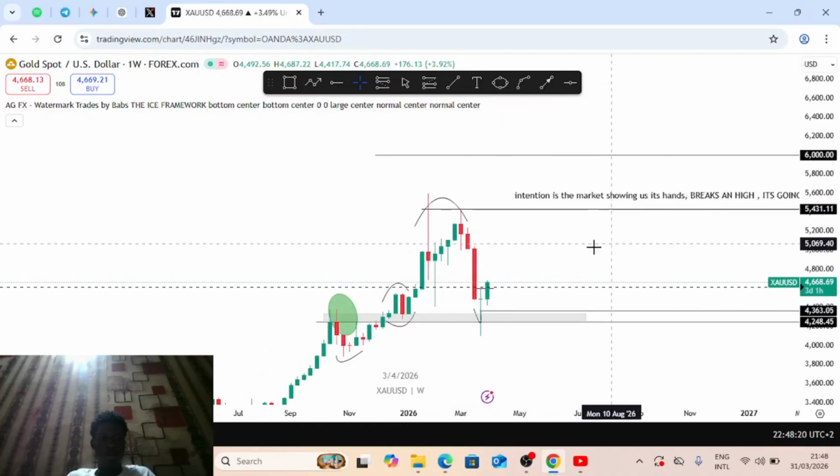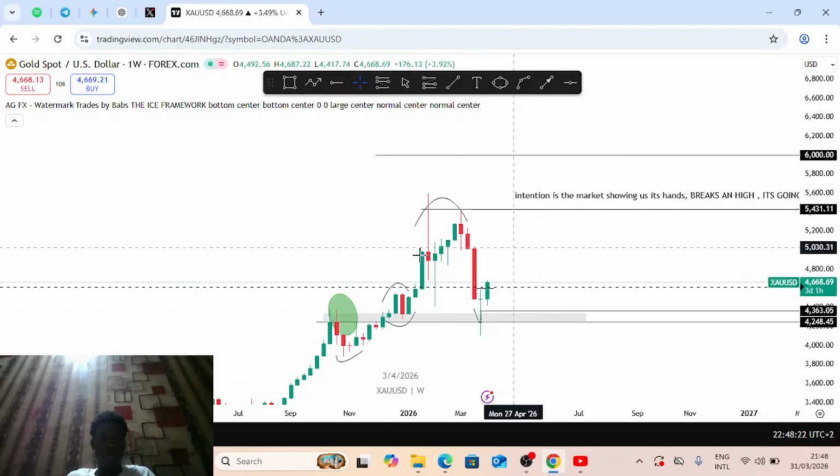An eye is an area where sellers are. So when the price is high, just know that sellers are there. If the market breaks above that, it has made the sellers less dominant.